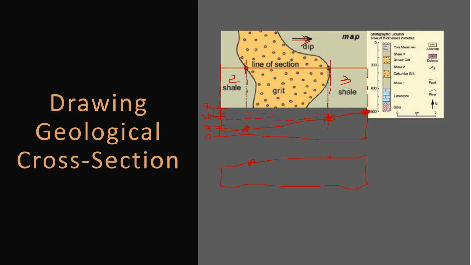I estimated earlier that the Belvoir grit is 100 meters. So let's say this is 100 meters, this is 100 meters. Afterwards, we are going to recognize the dip. The dip is in that way, so most probably the dip would be slanted like that.